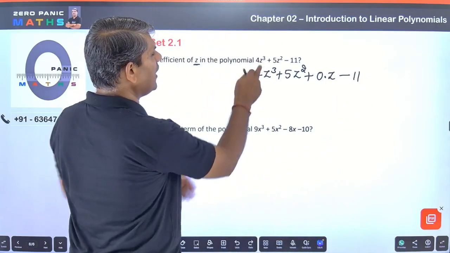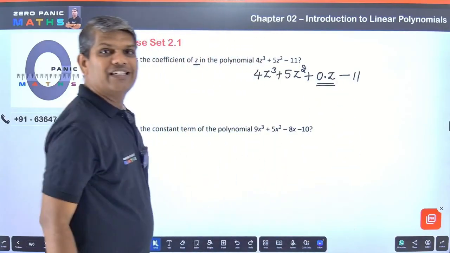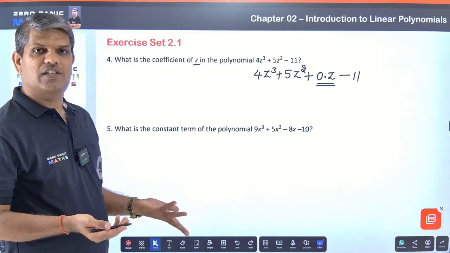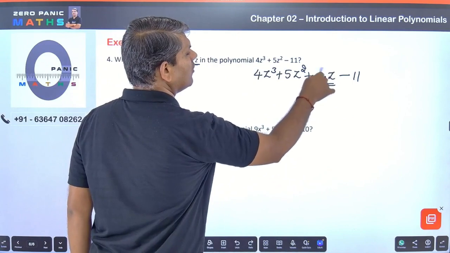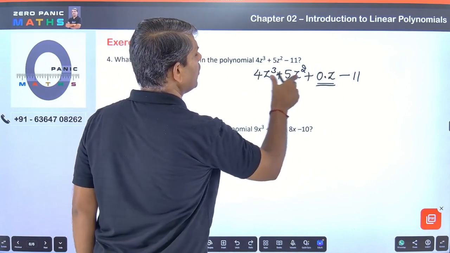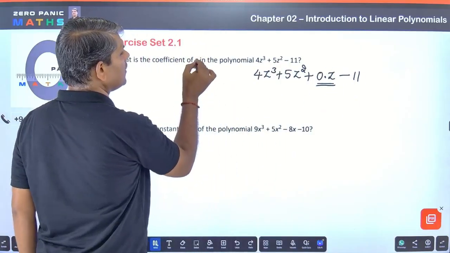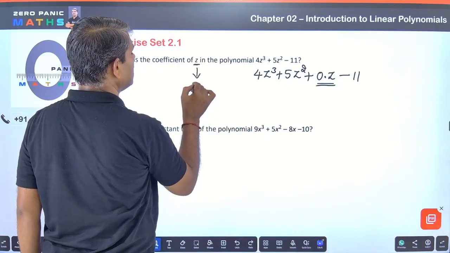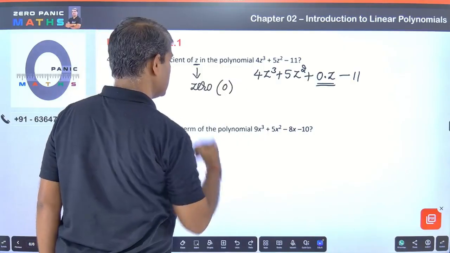I have just modified this given polynomial with a term z with coefficient 0. Since the coefficient is 0, this term was removed from the polynomial, and only this part and this part are given. So what is the coefficient of z here? It is 0. You can write it as 0.